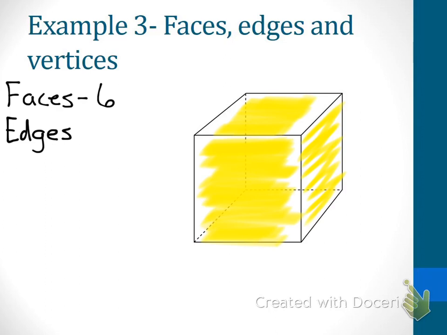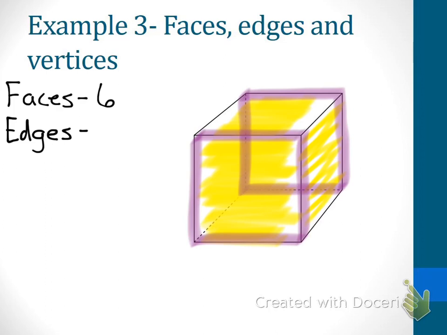Now your edges. We've kind of highlighted the different faces. Your edges are where the faces meet and form an edge. That's why it's called an edge. So let's look. Here's my top one. 1, 2, 3, 4. There's 4 edges around the front, so guess how many are around the back? There's 4 on the back.